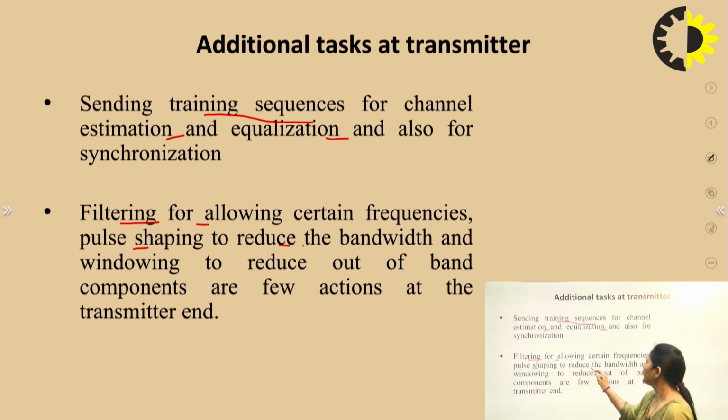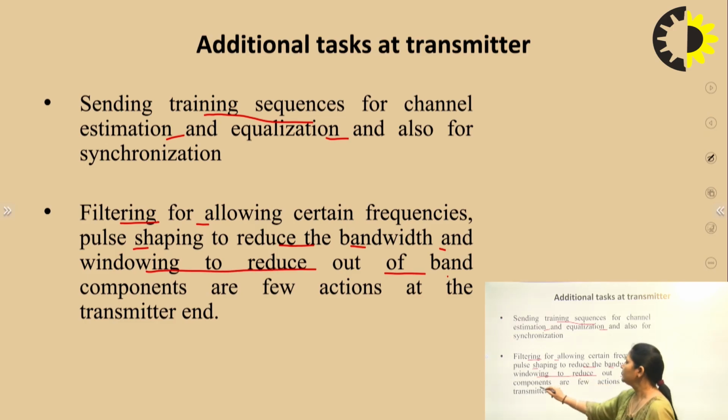Pulse shaping to reduce the bandwidth, and windowing to reduce out-of-band components are a few actions at the transmitter end. We need filtering because if the shape of the pulse changes after transmission, there will be aliasing resulting in intersymbol interference. To take care of it, we transmit the signals through filters with a proper shape.